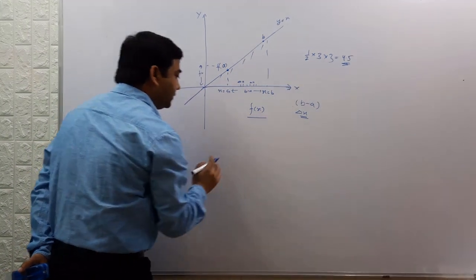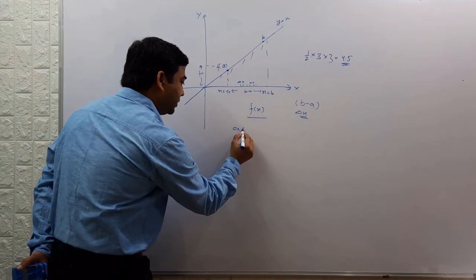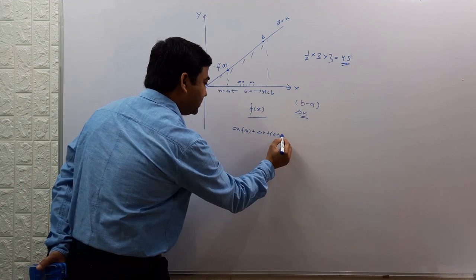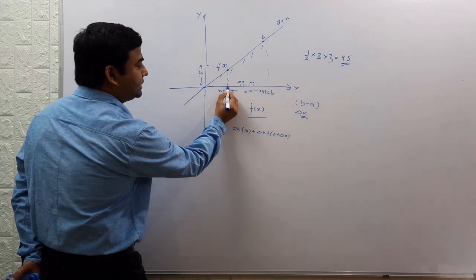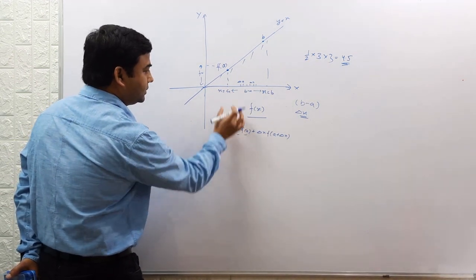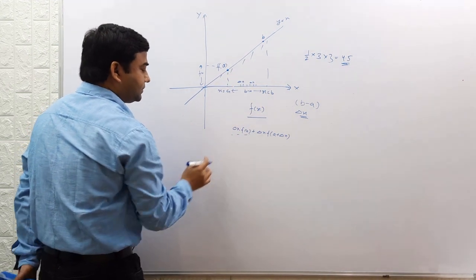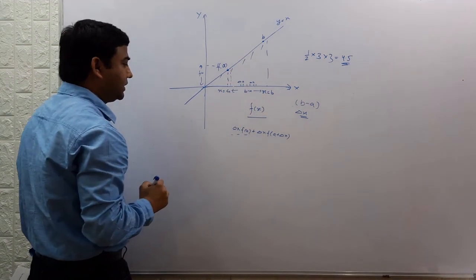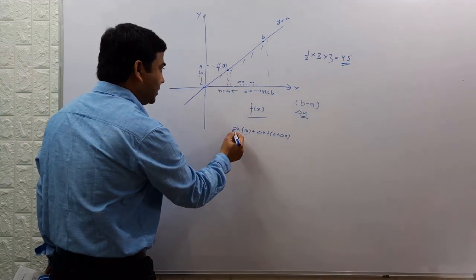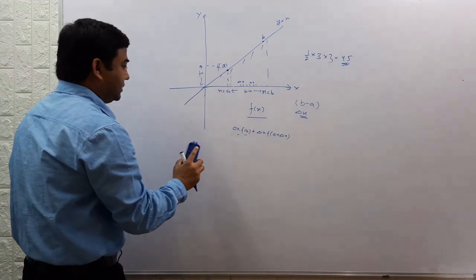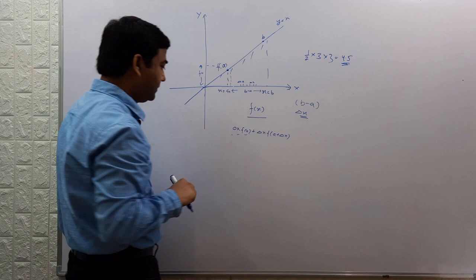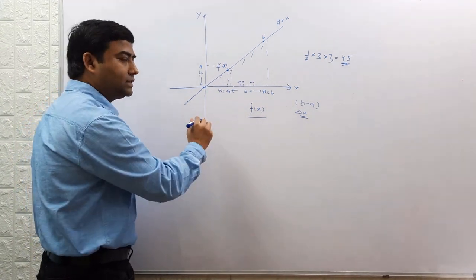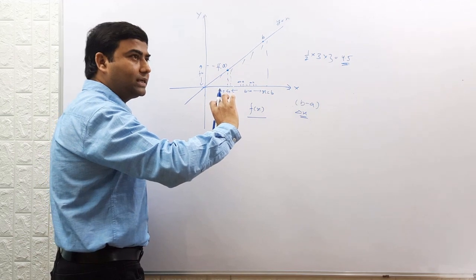We have started from x equal to a. Unlike the earlier problem, because earlier we started from 0, that's why the first term was 0 and the height of the first rectangle was 0.